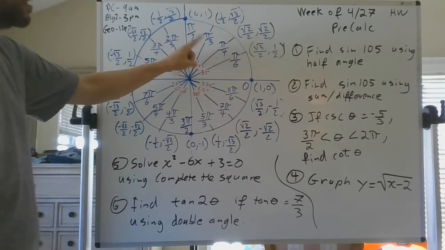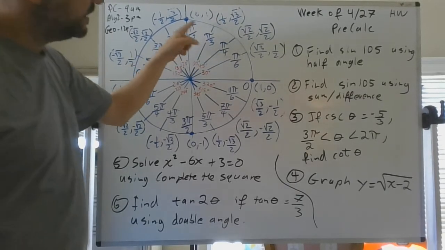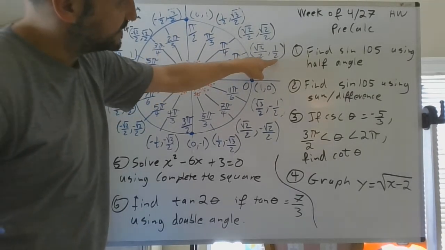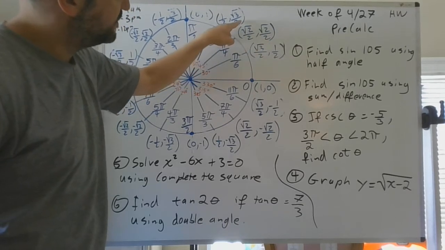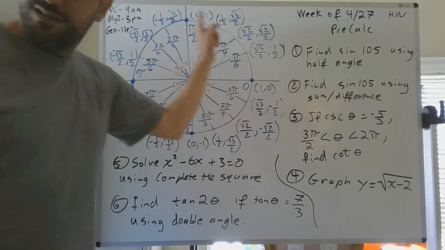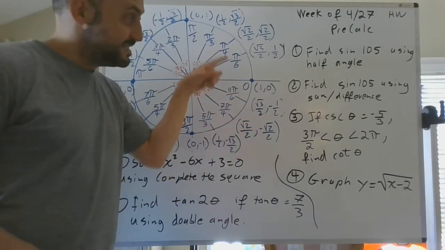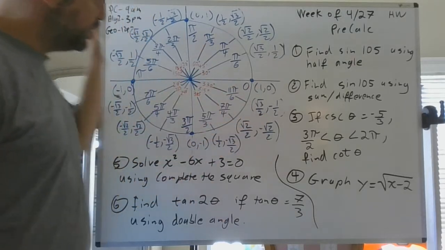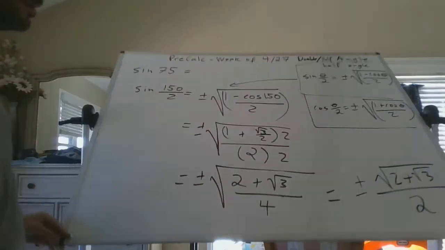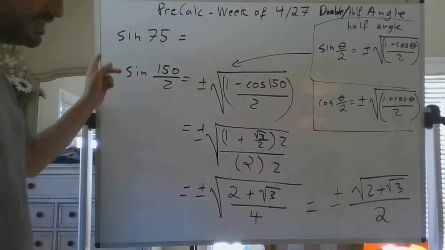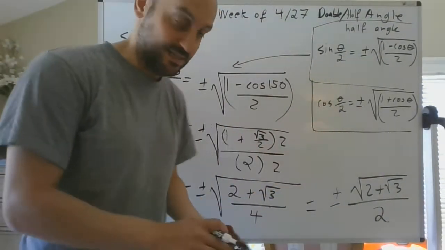So the sine of 75, if you look at all the signs here, the signs are all positive. Well, the cosines are also positive, but I care about the sine right now. So if I flip it back over, my final answer for sine of 75 shouldn't be plus or minus.